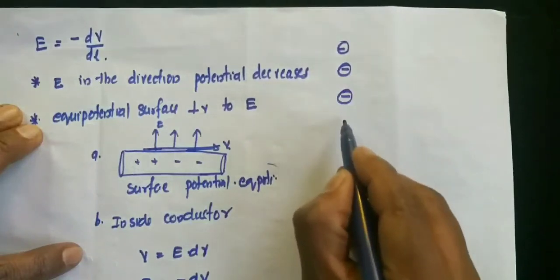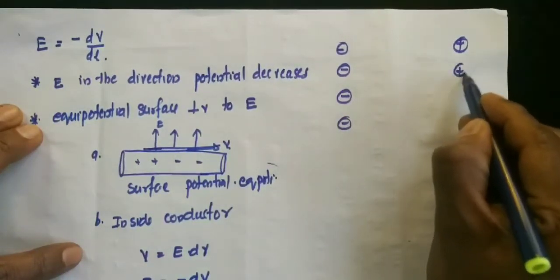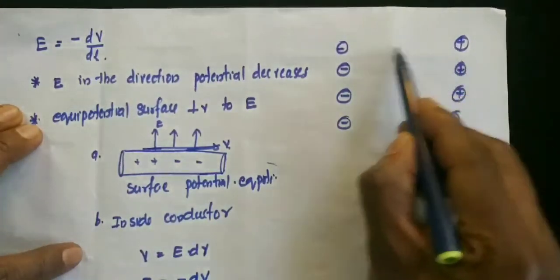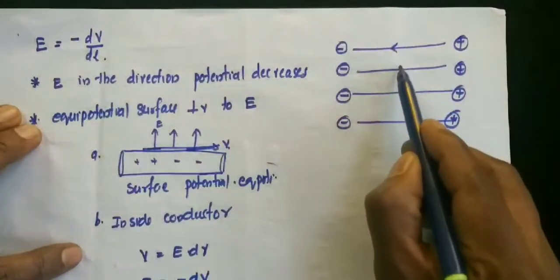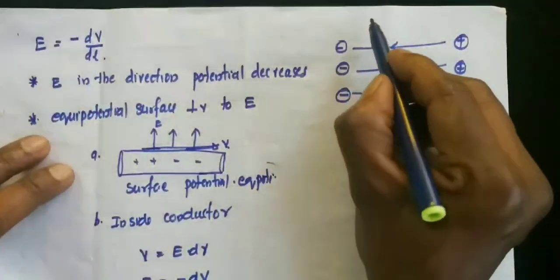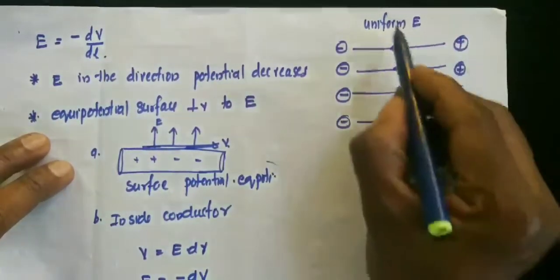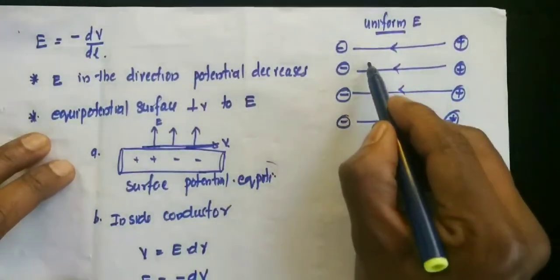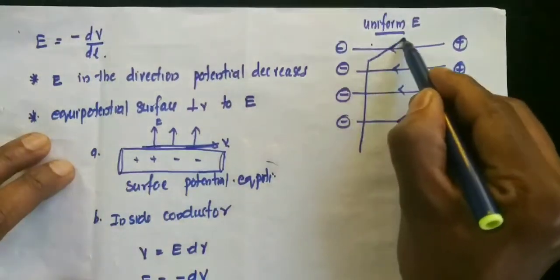Now let us consider some negative charges arranged serially, and similarly some positive charges arranged on the right side of the negative charges. The direction of electric field I can draw from positive charge to negative charge. So this is an example of a uniform electric field. What will be the shape of the equipotential surface for a uniform electric field? Definitely the equipotential surface will always be perpendicular to the electric field.